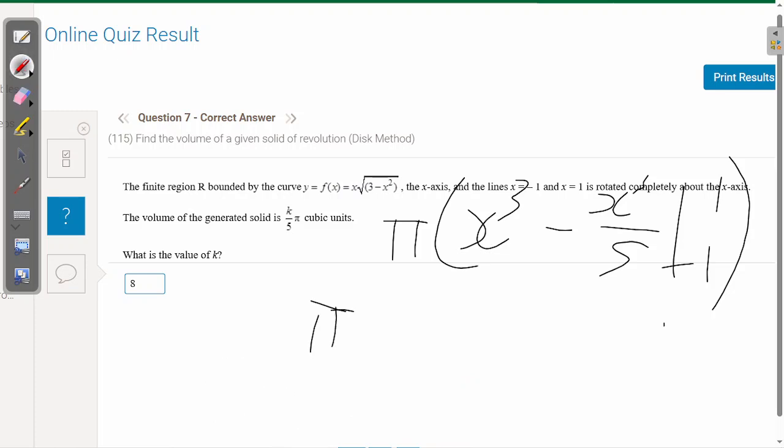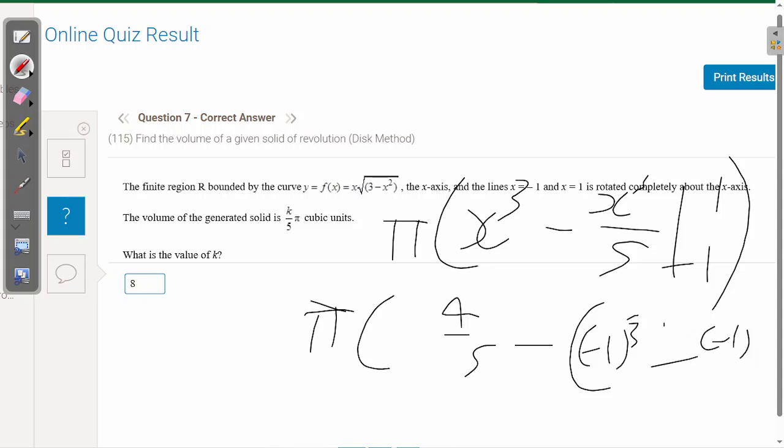So now it's going to be pi, 1 cubed minus 1 to the power 5 over 5, which is 1 minus 1 over 5, which is 4 over 5, minus negative 1 cubed minus negative 1 to the power 5 over 5.